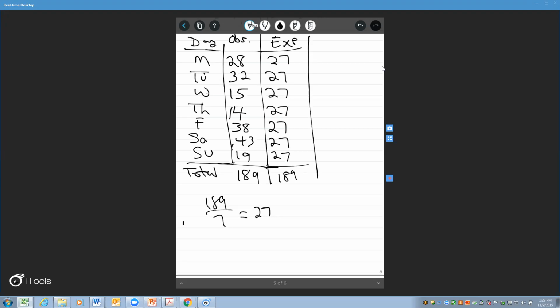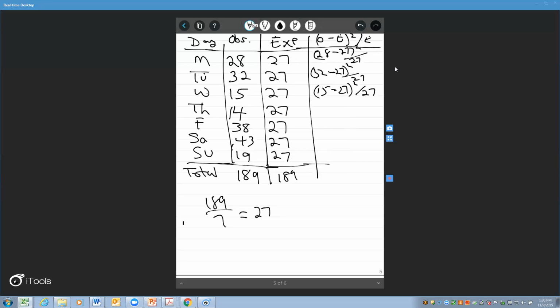So now the next step in calculating our test statistic is to look at the observed minus the expected, squared, over the expected. In this case, it would be 28 minus 27 squared over 27, and 32 minus 27 squared over 27, and 15 minus 27 squared over 27.